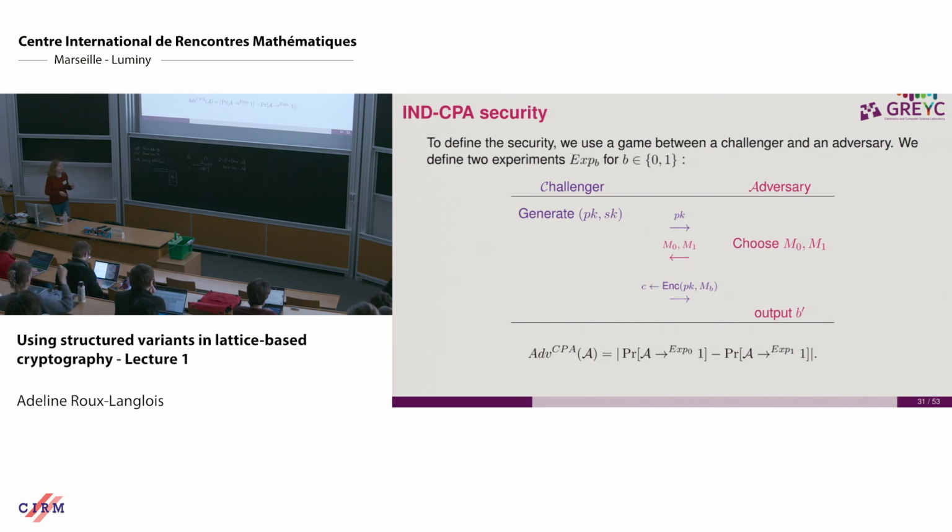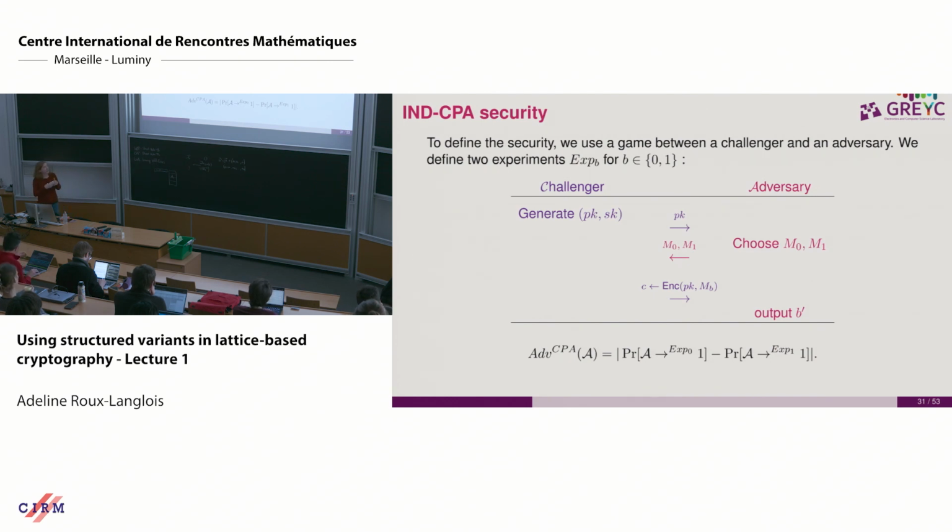So with some small differences, but that's the idea. Here in real life, the challenger has his keys, and he gives his public key to everyone. The adversary knows the public key, and he can, so that's a bit more than what he could do in reality, choose the messages on which he will run his attack.